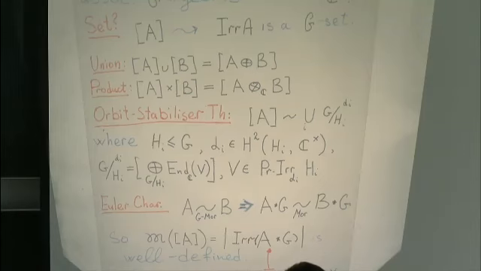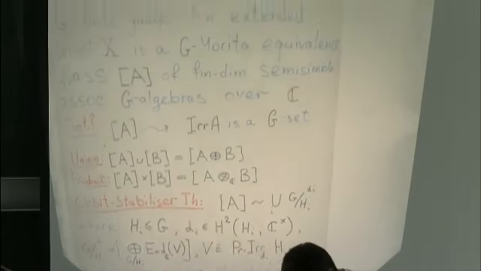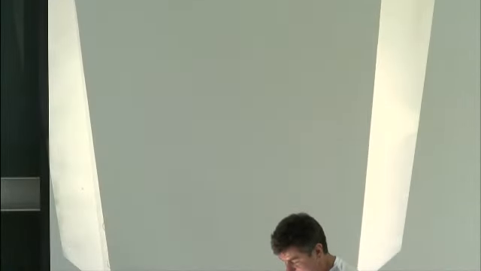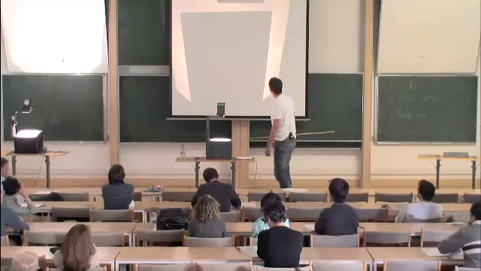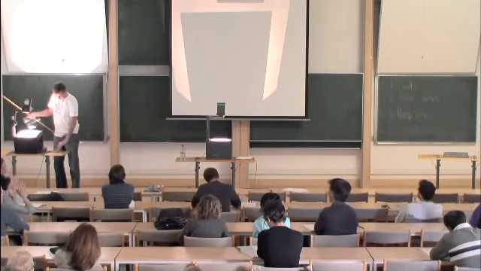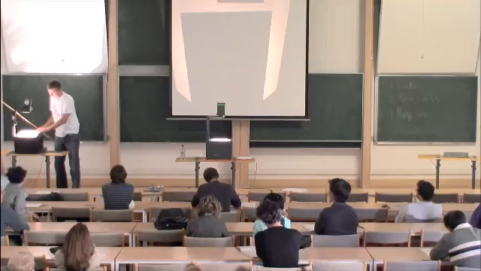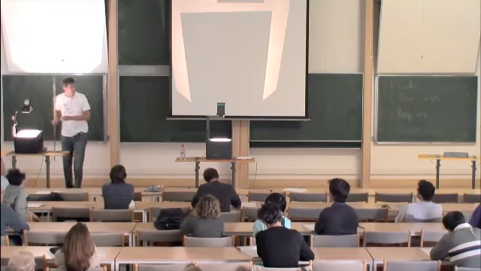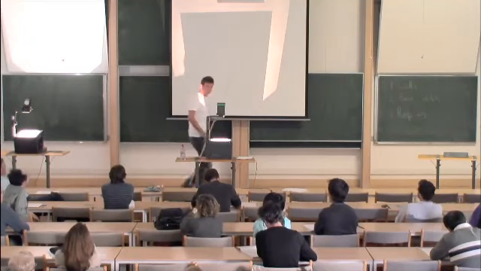Now, why am I telling you all about these extended G-sets? Because there is the Robinson-Schensted, Lusztig, Bezrukavnikov, Ostrik correspondence. Well, I don't think anyone calls it that way, but there is a reason.